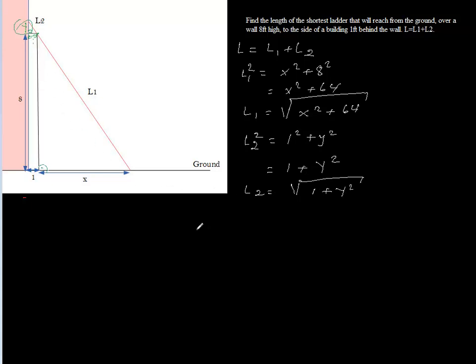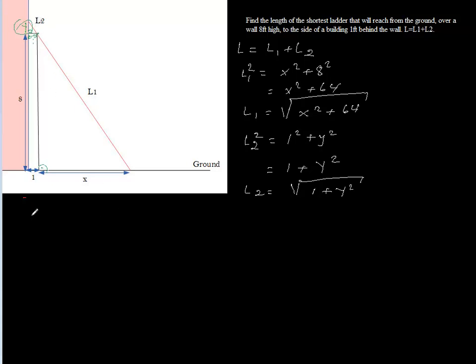We have to find y. We use our similarity knowledge. We know that this one over that one is equal to that one over that one, the big one over the small one here.